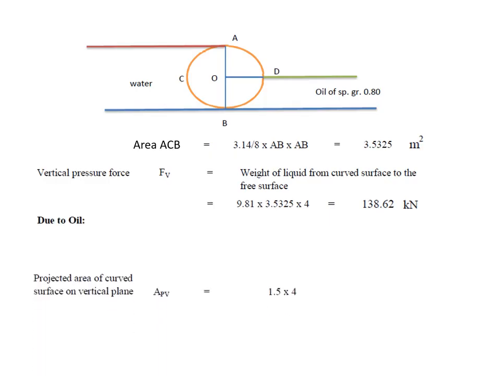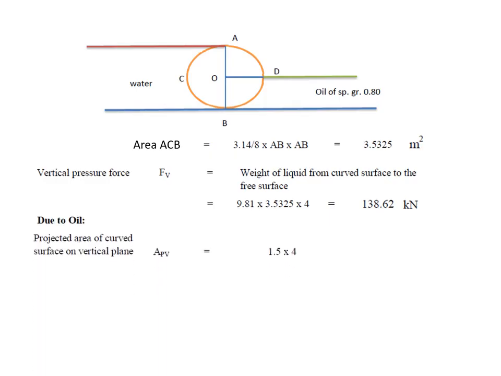Now this is due to the water that I have determined. Next I will take the force due to oil. Here it is nothing but the projected area of the curved surface, because for the horizontal pressure force, only BD I have to project onto BO, it will be 1.5. 1.5 into 4 will give you 6 meters square as the area, and the CG is for the rectangular projected area, so it is 1.5 by 2, which is 0.75 meters.